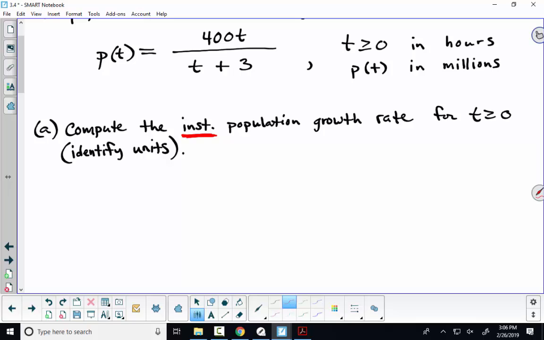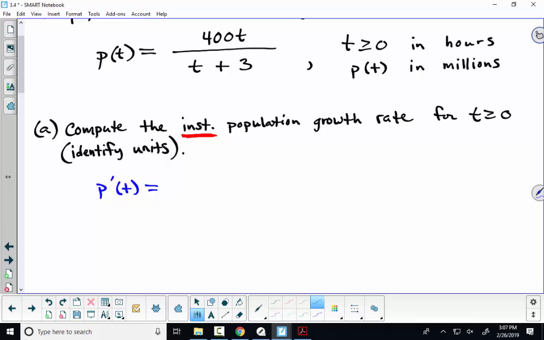That rate of change part is a placeholder depending on the context you're in, right? So here we're measuring population, so instantaneous population growth, that's our rate of change. So we're asked to find p prime of t. P prime of t, the derivative function, gives us at any time how quickly that population was growing. At one moment in time, how fast was that population growing?